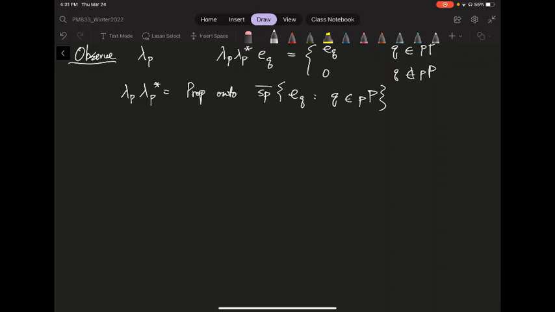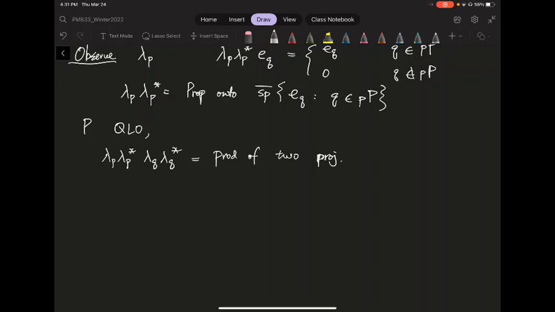Now think about what happens, because you have a quasi-lattice order, so let's say P is quasi-lattice ordered. If you take two of them, say lambda p lambda p star times lambda q lambda q star, this is the product of two projections. Each projection is spanned by a lot of these basic orthonormal vectors.